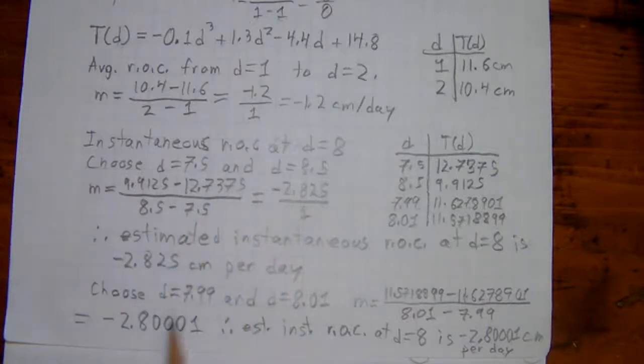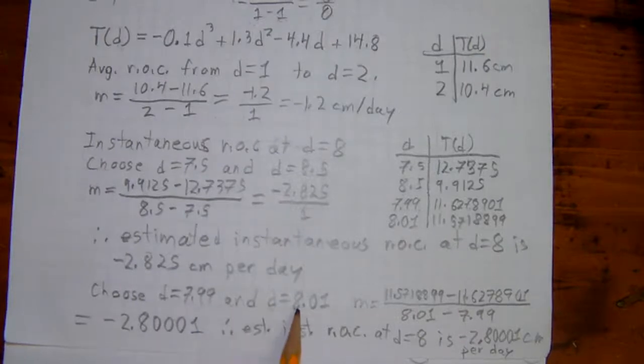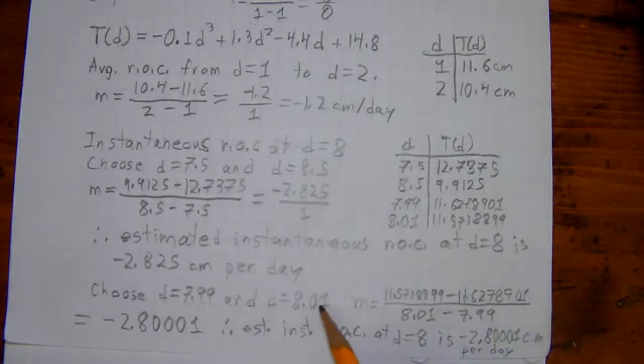So pick two values that are really close on either side. You could even go 7.999 and 8.001. And that's going to give you a pretty good estimate of what's going on. And then you find the 2 points using the function. You just find the y value, and you put the 2 points into the slope formula, and that gives you the rate of change. And that is all there is to it.